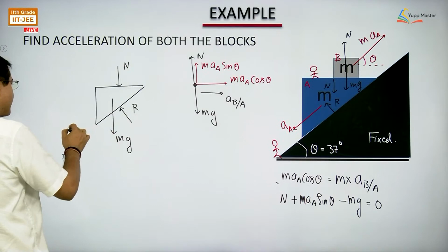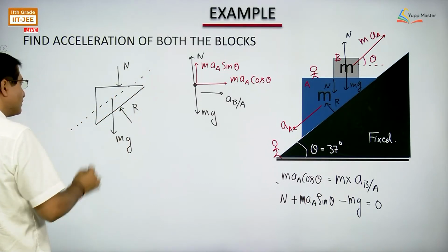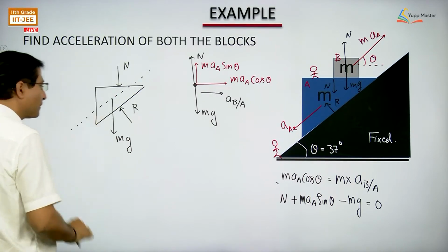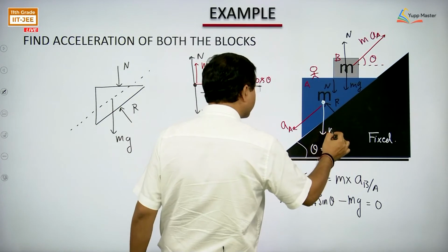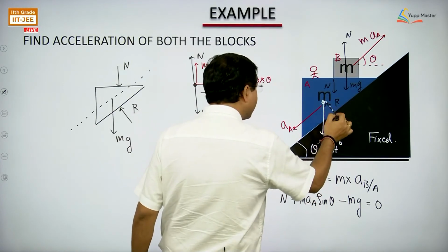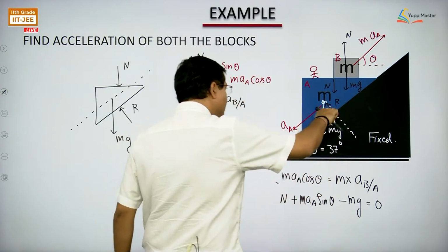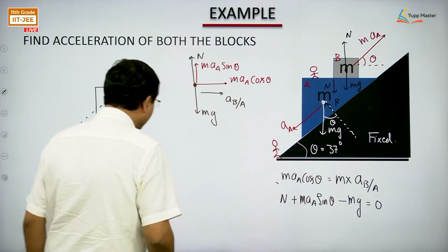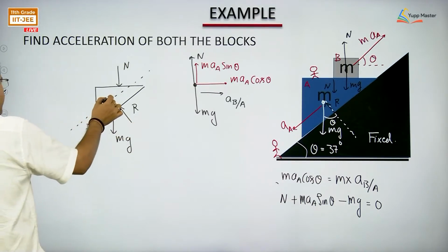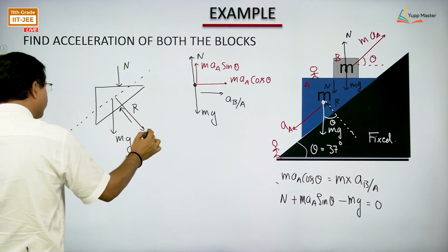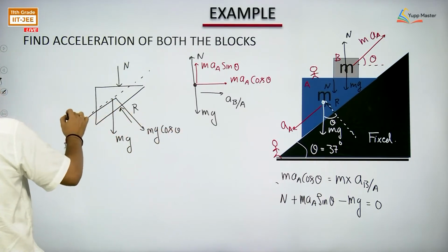So this is along the incline. If this is along the incline, see mg here in this direction, this angle is theta, mg cos theta, mg sin theta. So in this direction mg cos theta, and in this direction mg sin theta.